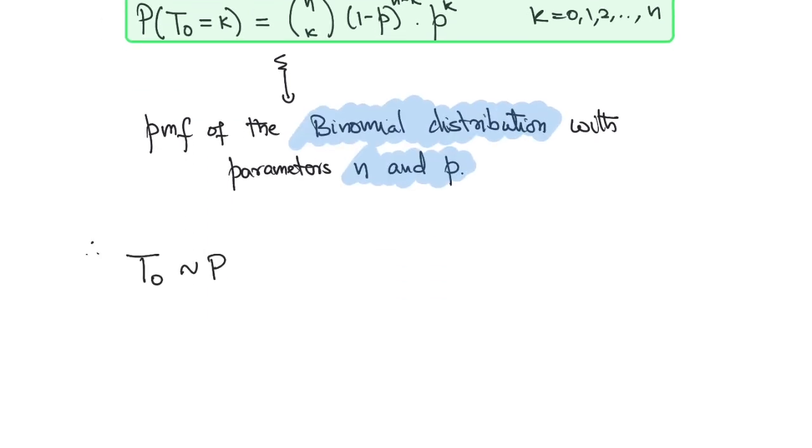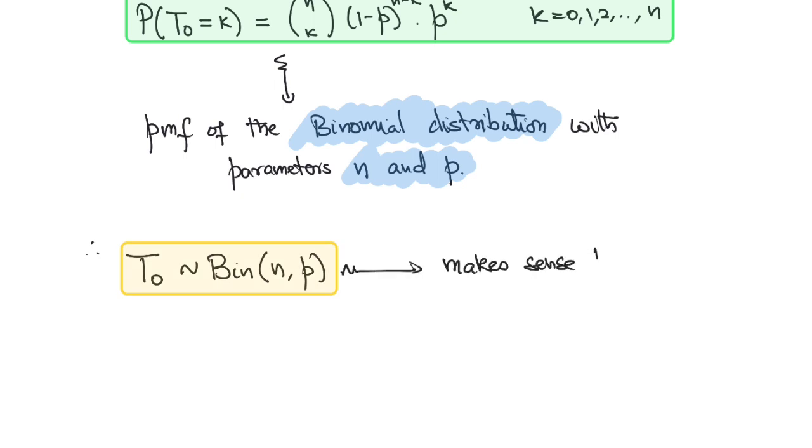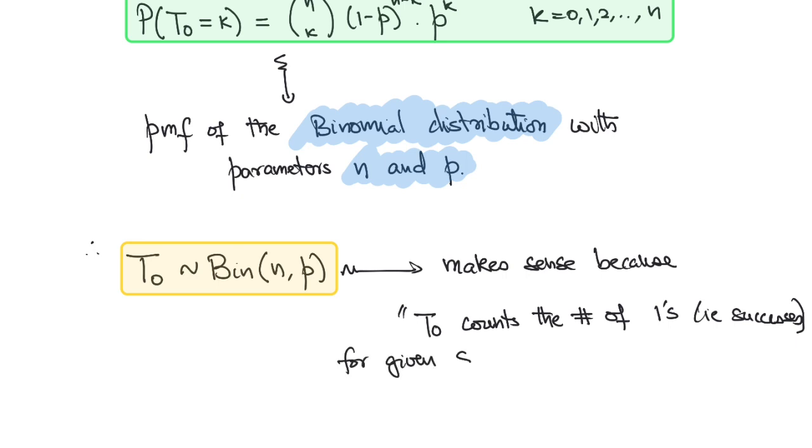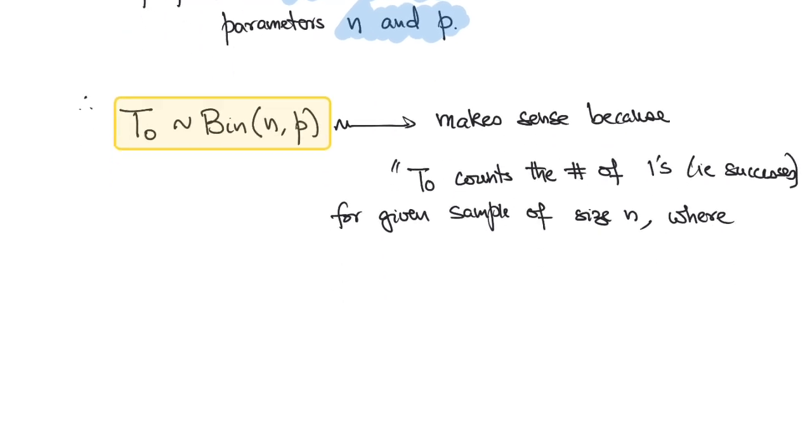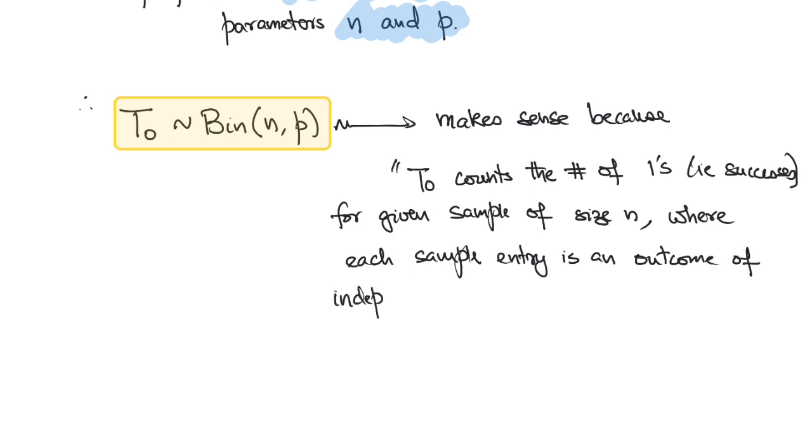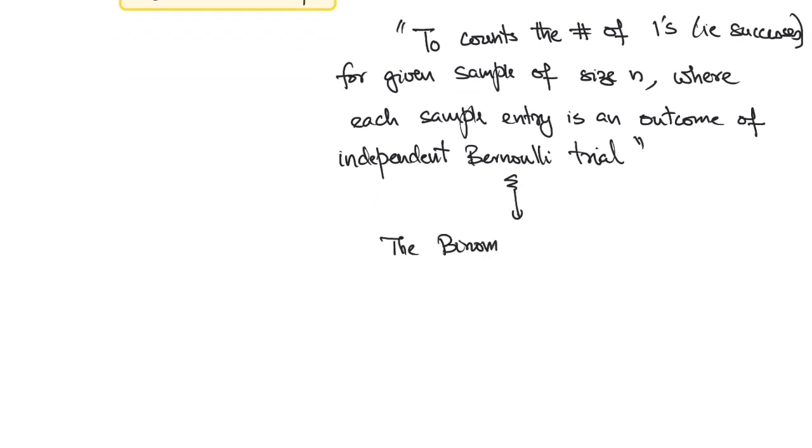This says that the sample total has the binomial distribution with parameters n and p, and this makes sense because the sample total is counting the number of ones, that is, the number of successes for a given sample of size n, where each sample entry is an outcome of an independent Bernoulli trial. This setup is exactly the binomial experiment.